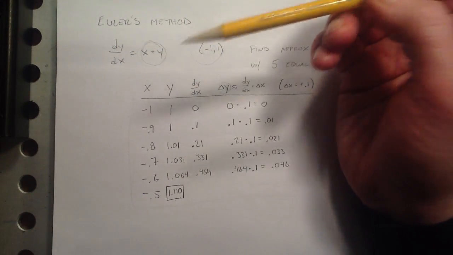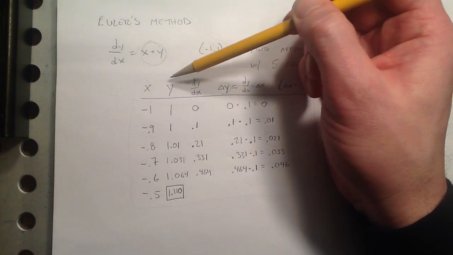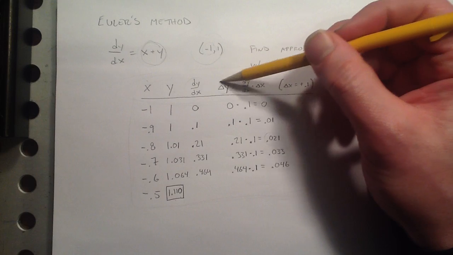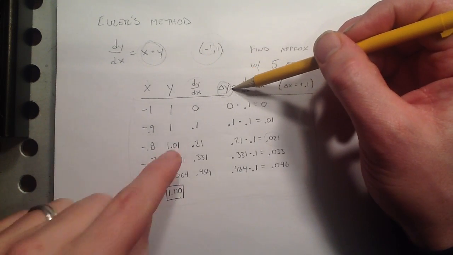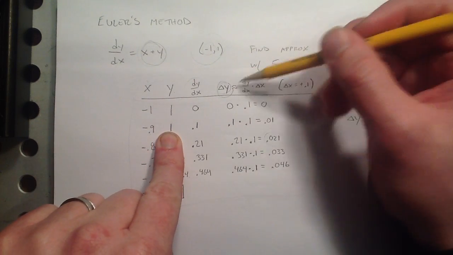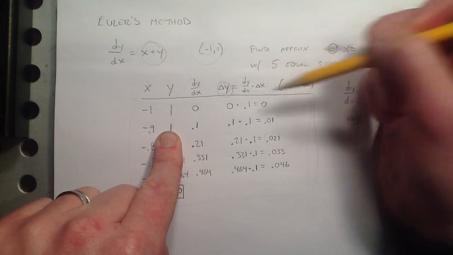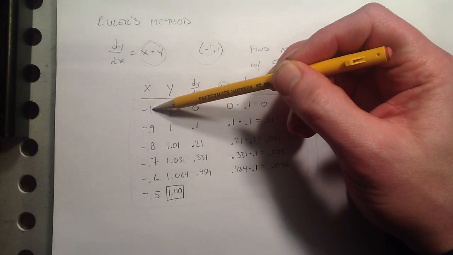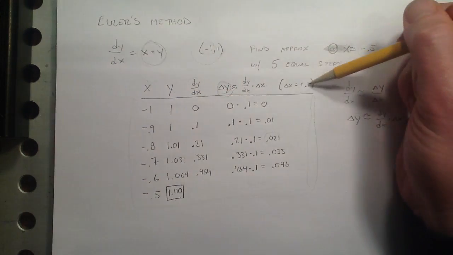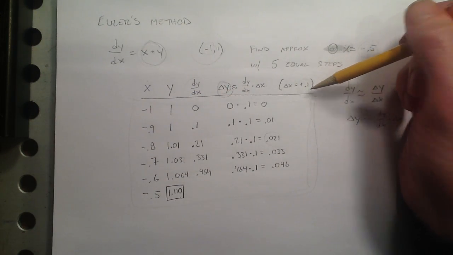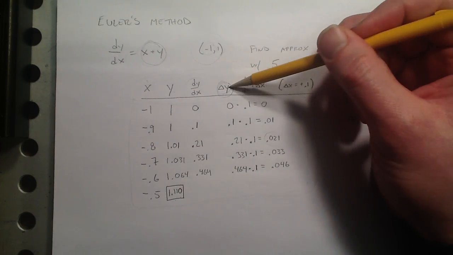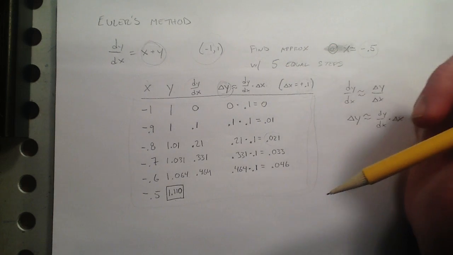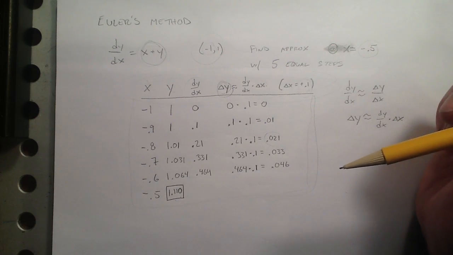I would suggest you do the x's, the y's, the dy dx, and then write out what you're doing here, that the change in y, which you're going to add back to your y value to get the new one, is dy dx times delta x. Right? If you needed to go more negative from -1, your delta x would be negative. If you got a negative delta y here, that would just mean your y value would get smaller. Those are both possible things that can happen.